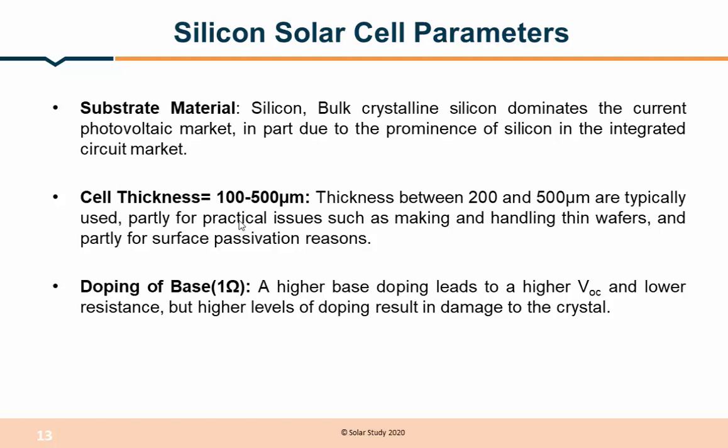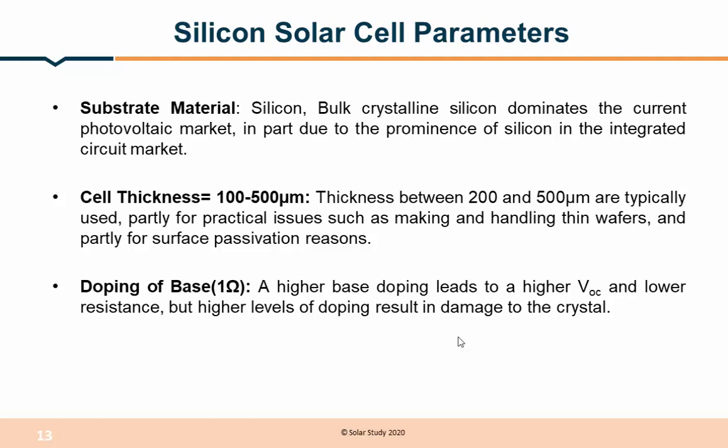So if we have a much higher doping concentration, we will get a high voltage. But sometimes this higher doping also damages the crystal, and we have to take care of that. So we have to make the concentration such that it is tightly packed with a medium concentration of doping within a particular area.